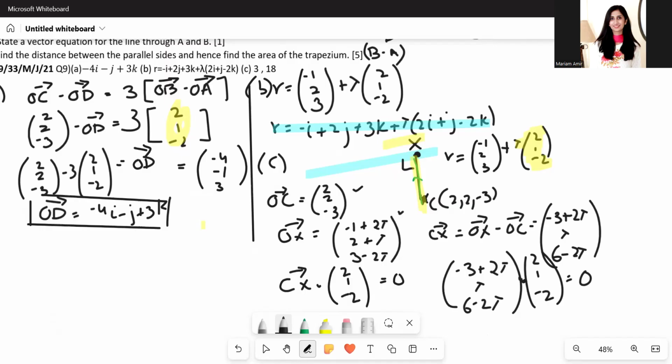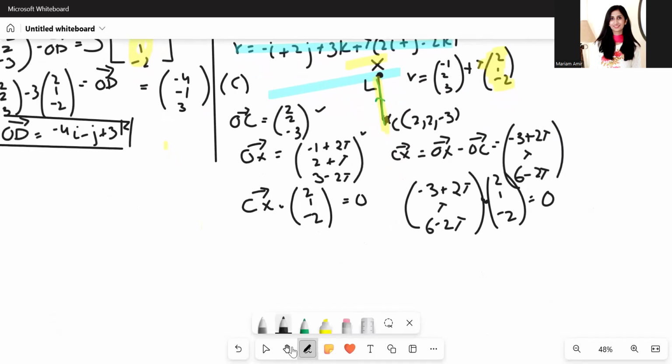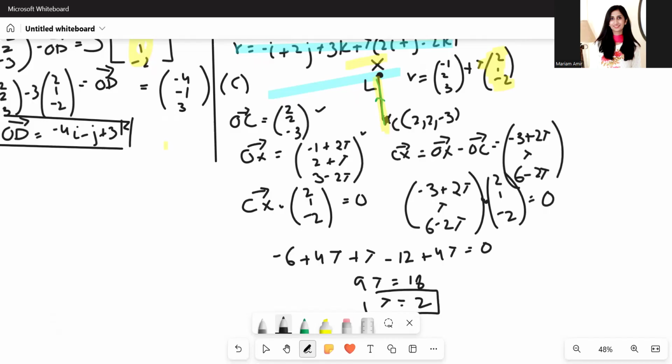Okay, let's apply the dot product. So 2 times (-3 plus 2 lambda) is -6 plus 4 lambda, plus lambda, minus 12 plus 4 lambda equals 0. We're getting 9 lambda here and 18 here. So we're getting lambda equals 2.